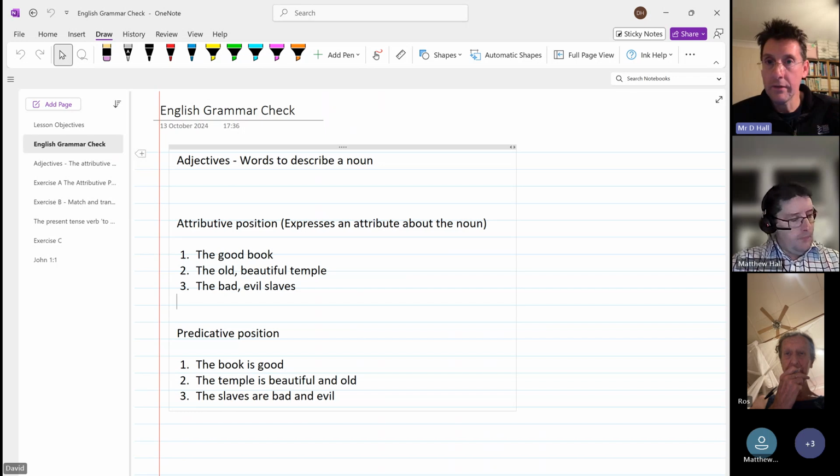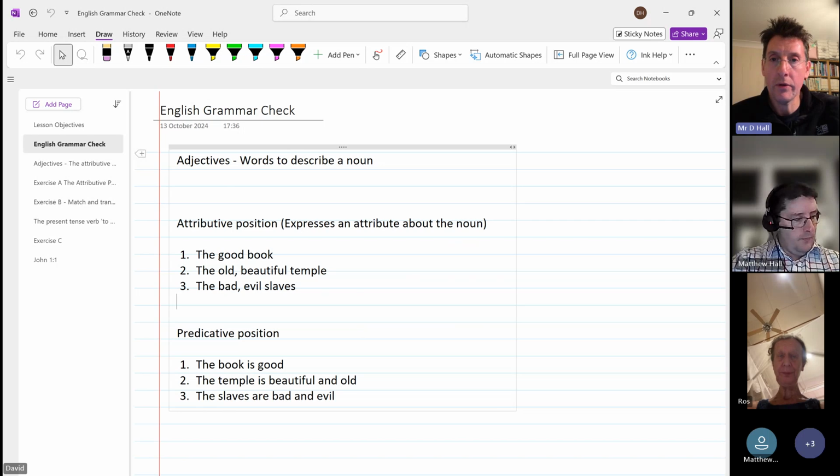What we're going to do this evening is look at the Greek way in which we would write adjectives. We'll come back to the predicative position in a little bit, but we will need to look at the verb to be first, which we'll come on to in the second part.